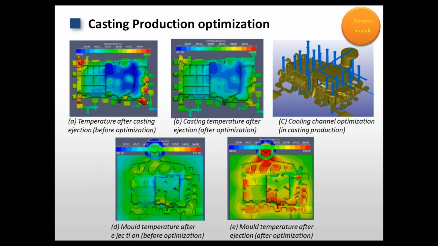We could optimize the HTC value of the cooling channel, and you would use the HTC value to recalculate the water feeding velocities, and we could help the customer to control the mold temperature after the ejection based on this module, which means you get a more balanced mold temperature in a shorter cycle time.